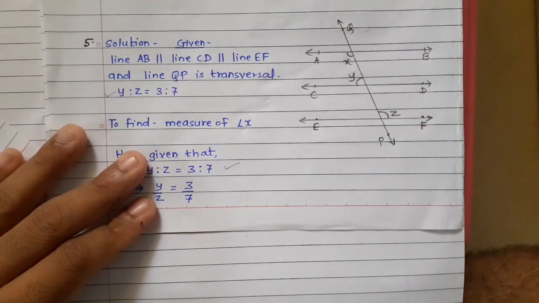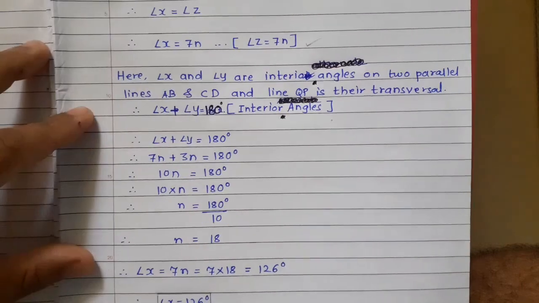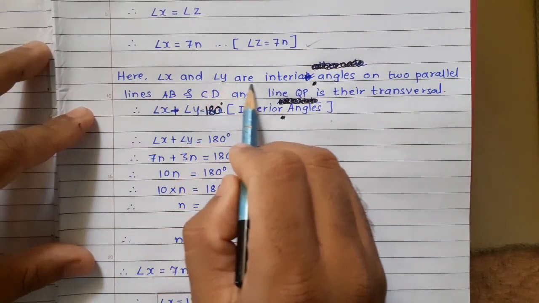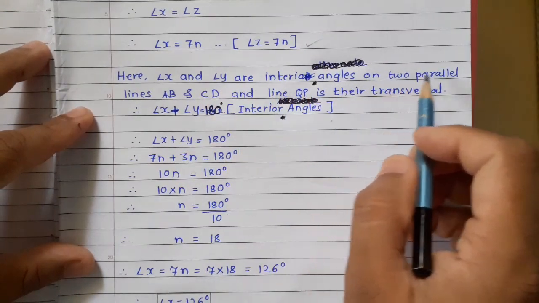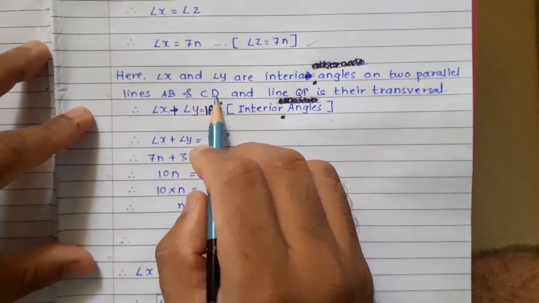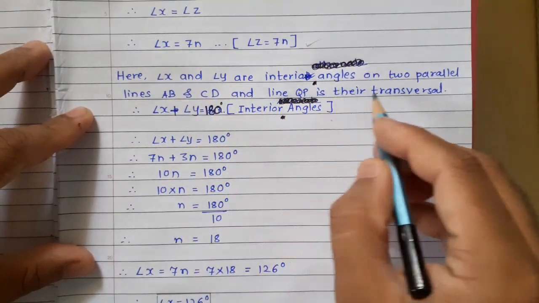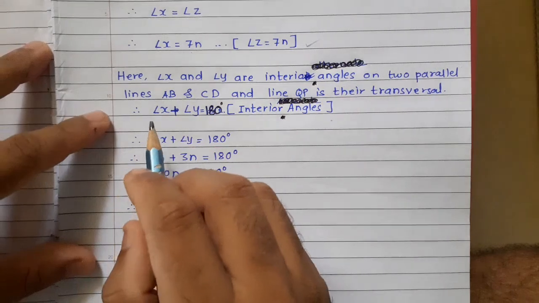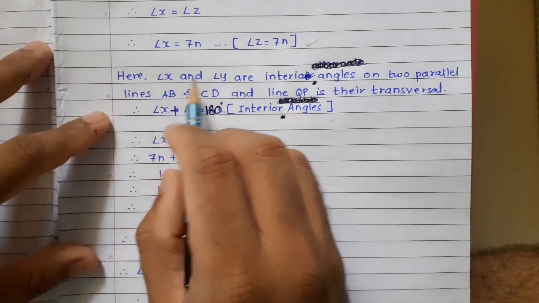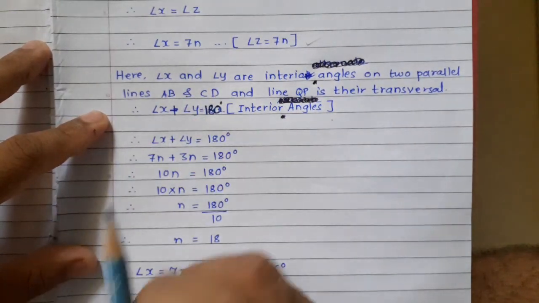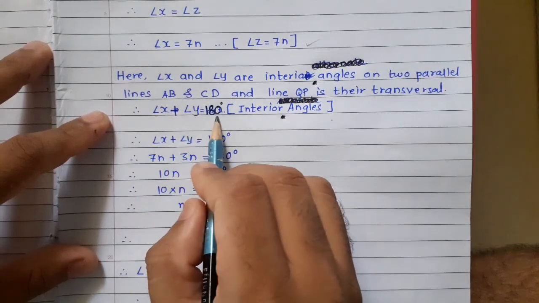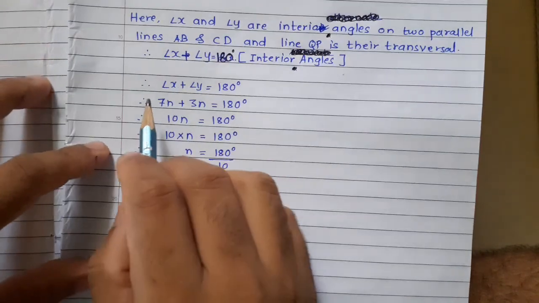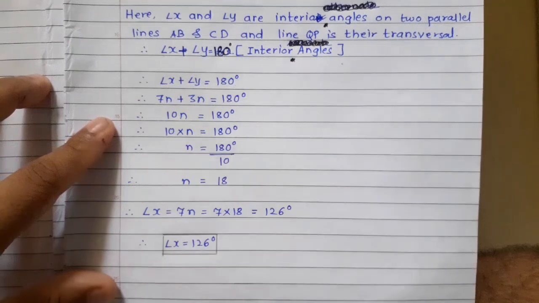That means angle X plus angle Y is equal to 180 degrees. Angle X and angle Y are interior angles on two parallel lines AB and CD, and line QP is their transversal. So angle X and angle Y are supplementary angles. Therefore angle X plus angle Y is equal to 180 degrees.